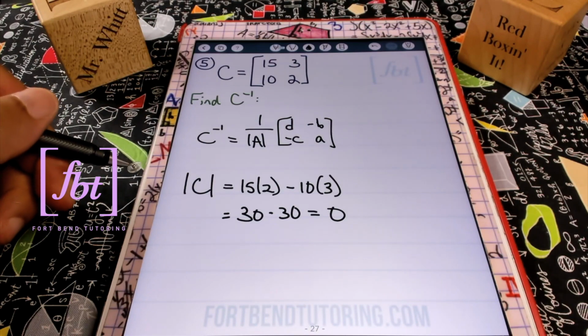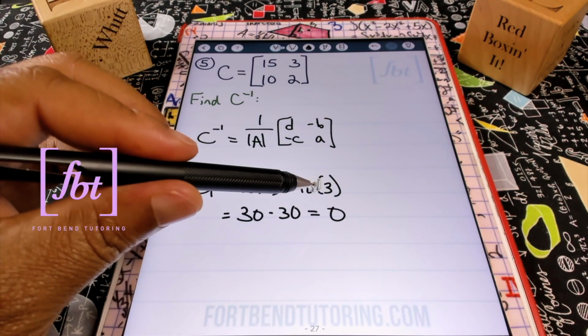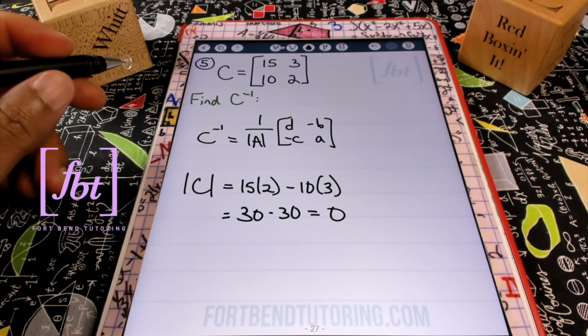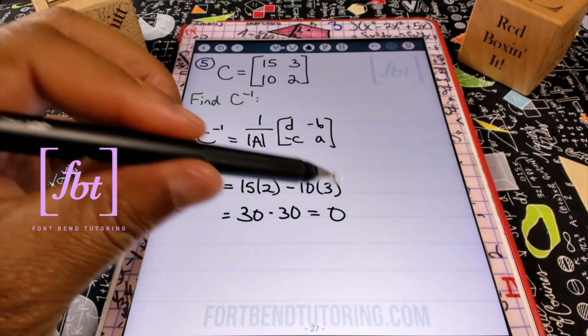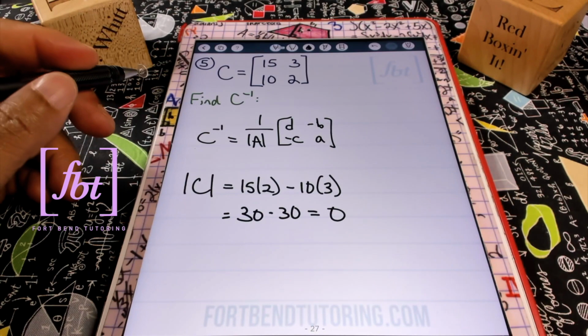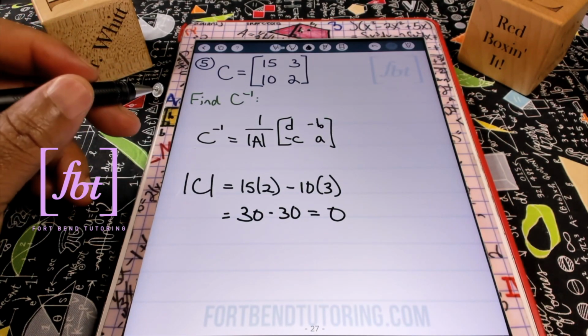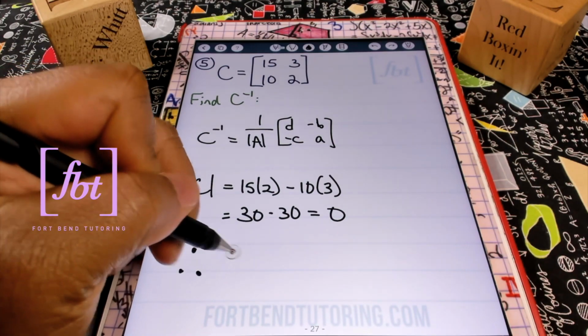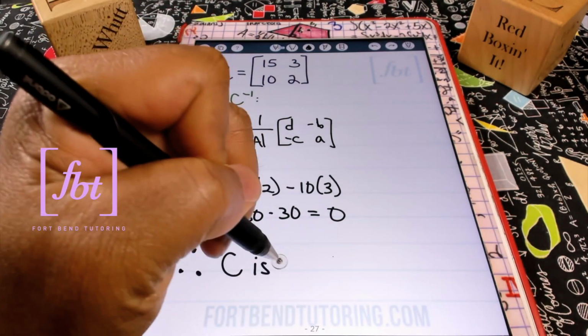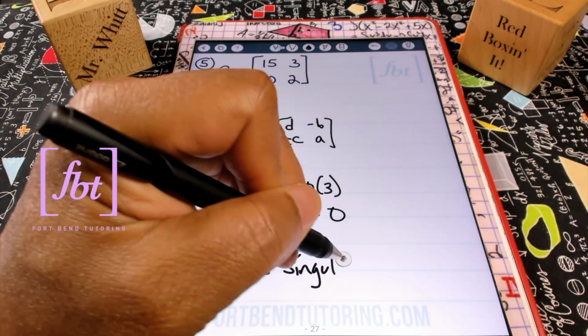Well, what does that mean to us, guys? Based on our first fun fact, if a matrix has a determinant of 0, that means that it does not have an inverse. So we cannot find an inverse for matrix C in this case. That means that this is singular. Therefore, as a singular matrix, this has no inverse.